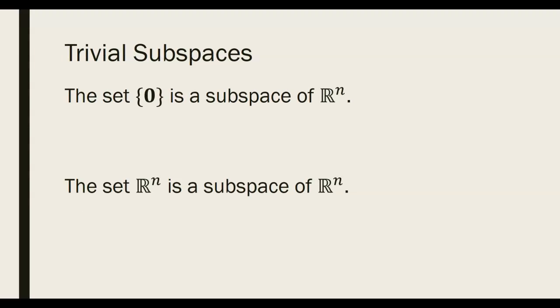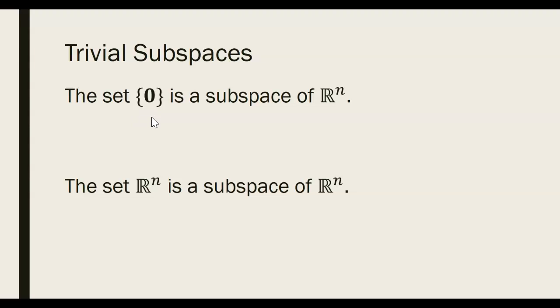Now, we're going to have 2 subspaces which we call trivial subspaces. All right? If I just take a set with the 0 vector only, then that set is a subspace of Rn. Think about it. Obviously, it has the 0 vector. If you take 2 vectors from the set, well, the only 2 you can choose are 0 and 0.